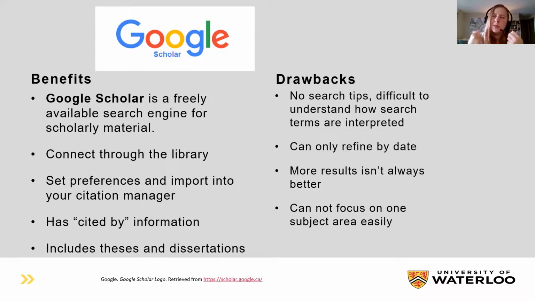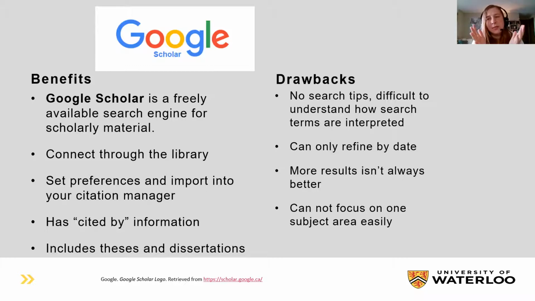That's not public. So we don't know exactly what Google is doing when it's searching through its databases. That being said, we have a good idea of what it's doing, but we're never exactly sure. And so it's difficult sometimes to get what you want out of it because it's hard to understand exactly what's going on with Google Scholar.